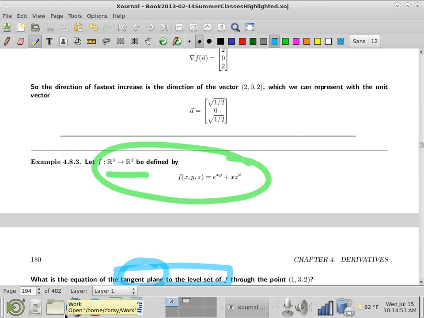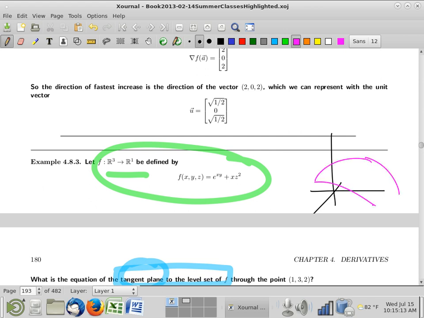And again, right off the bat, seems like maybe kind of a hard question, but keep in mind, let's draw the picture here. And I have no idea what this level set actually looks like, so I'm just going to draw arbitrarily some surface. It doesn't really matter. This is just for conceptual purposes. So at a given point, what I'm looking for is something which, at that point, is parallel to the surface.